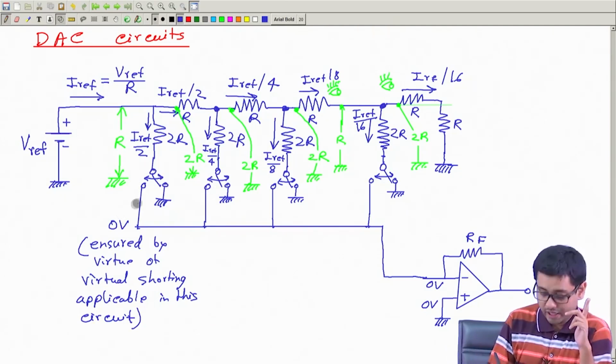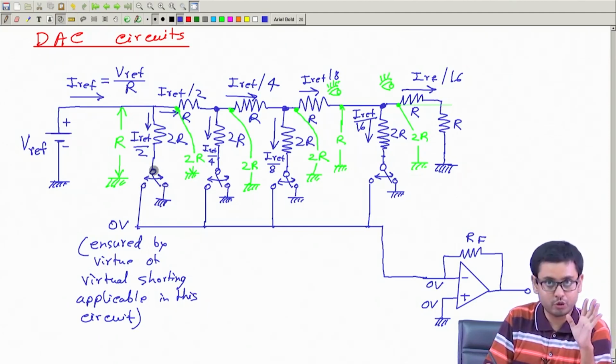Now I can connect this switch to here or to here. No matter whether I connect it here or here, the potential here is 0. So that means this current will remain the same, Iref by 2, no matter whether it is connected here or here.